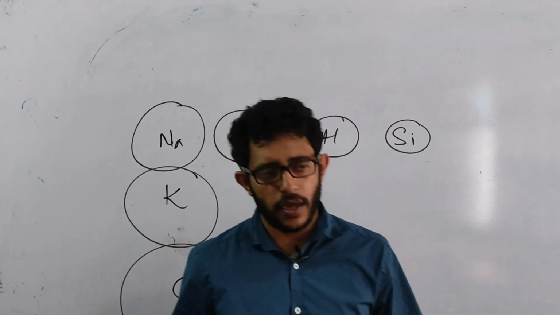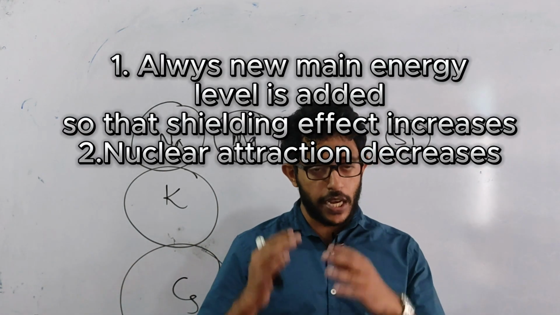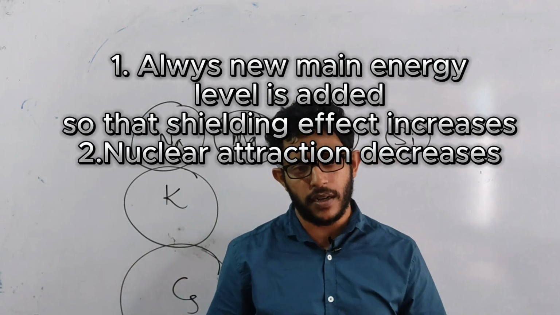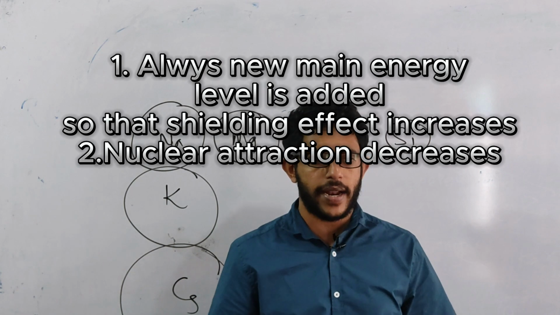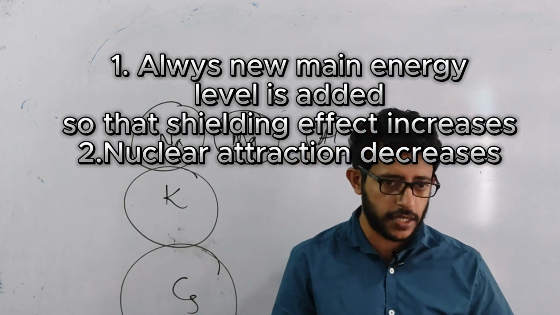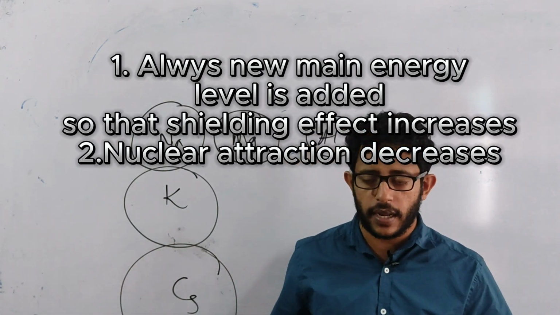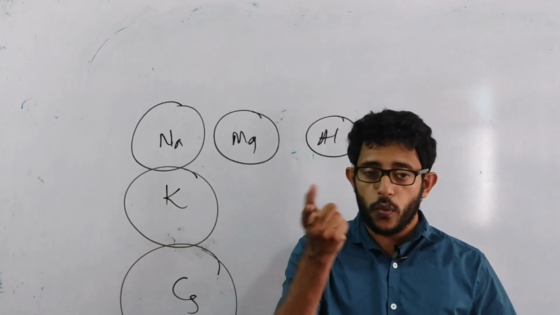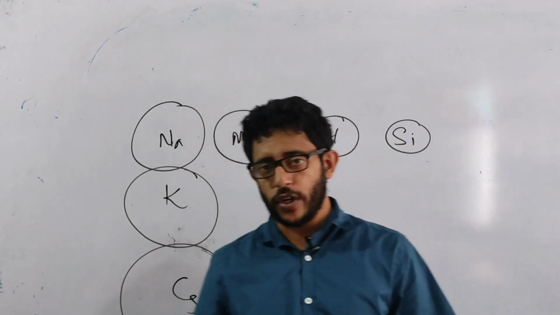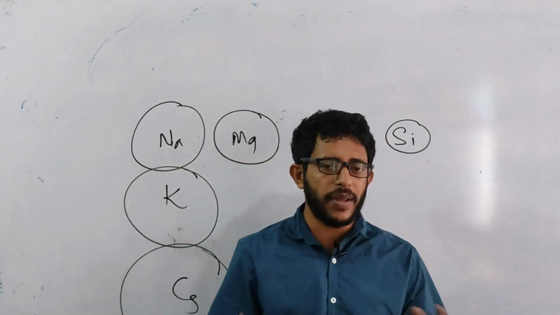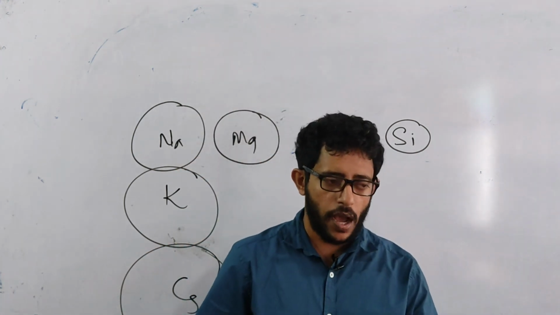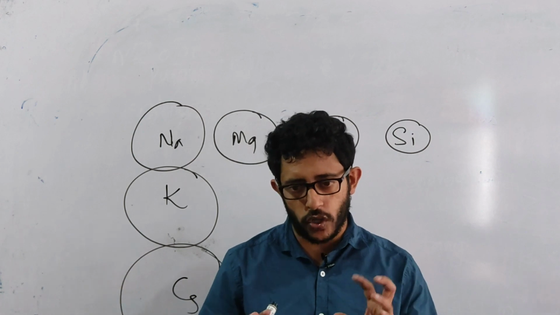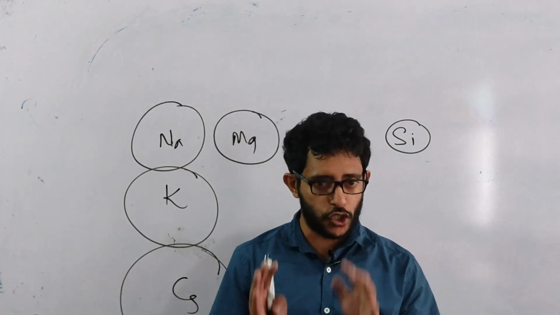Why is that? Down the group, a new main energy level is always added. When a new main energy level is added, the shielding effect increases, because inner electrons gain more nuclear attraction. So shielding effect increases, which makes the nuclear attraction decrease. Therefore, atomic radius increases. Now, when going down the group, the number of protons also increases. That's true.